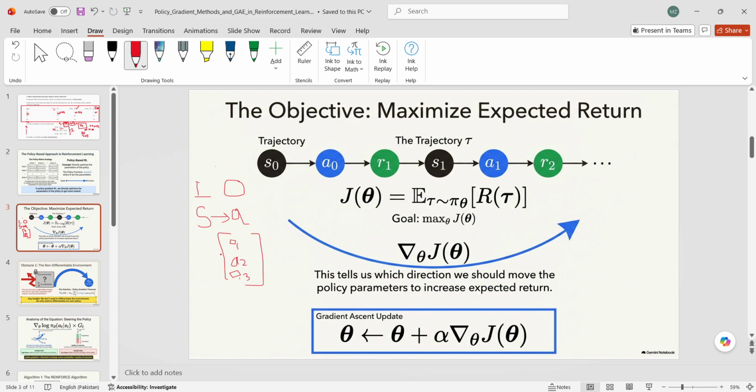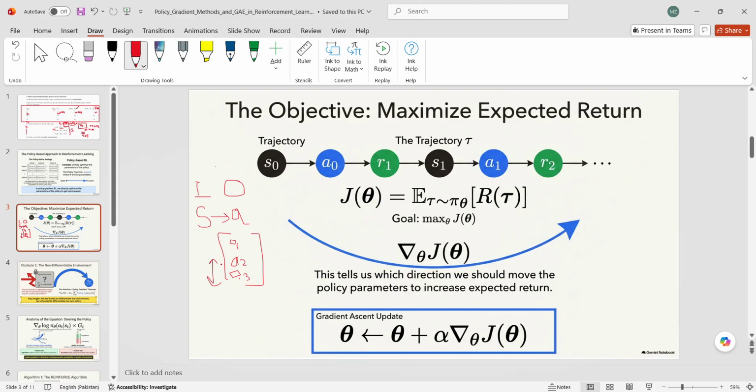Now if you follow a greedy approach, then you always take the best action, and if you follow an epsilon greedy approach, you take the best action 80% of the time, and 20% of the time you explore the other actions. This we have understood from before.